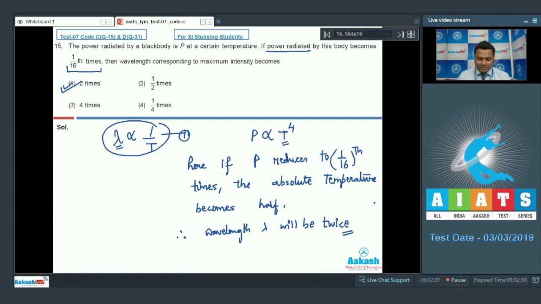So after looking at the options, we can say that option number 1 is absolutely correct. So we will go with option number 1. Now let us proceed to the next question, that is question number 16.